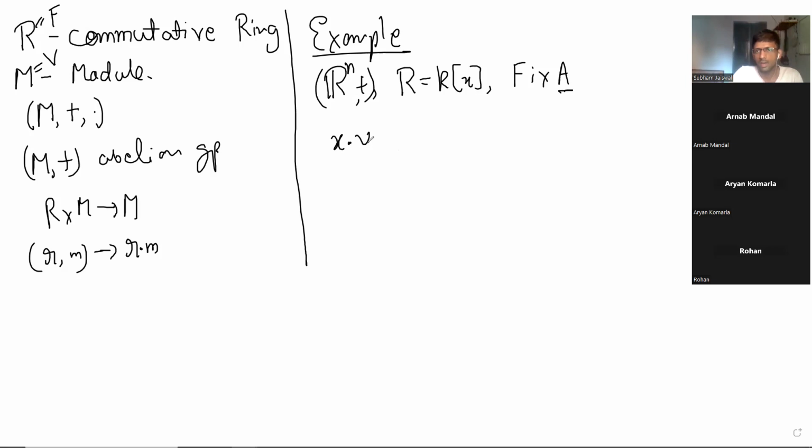I'm taking a thing from Rn, taking the variable x, and I have to again return something in Rn. So by all means, this is the only natural choice. Right? v is in Rn and A is a matrix, so this is again in Rn.